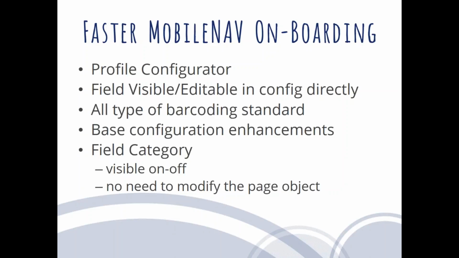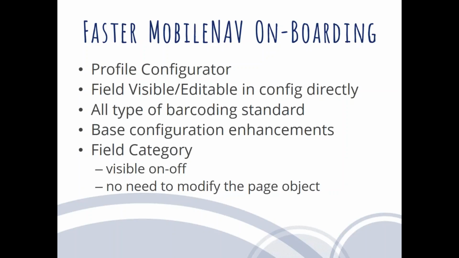Thirdly, we always had the very common question about barcoding. The base configuration with the previous version contained the possibility to scan the item number, which is one of the freely available barcoding types, but not all.